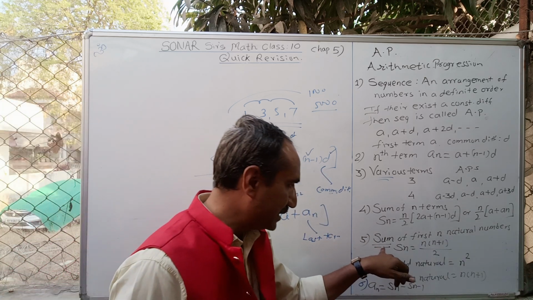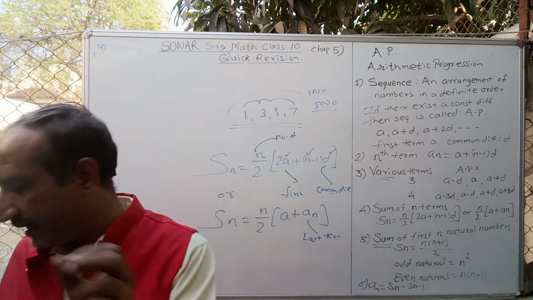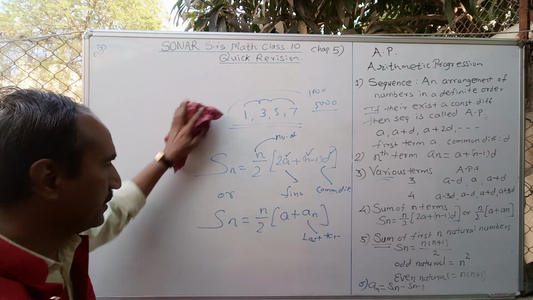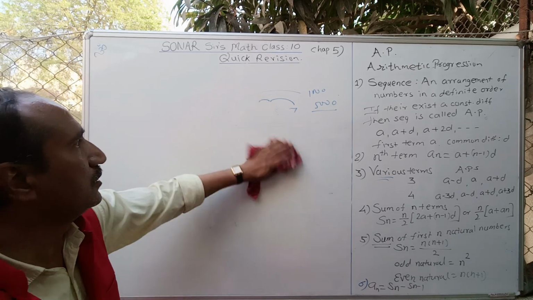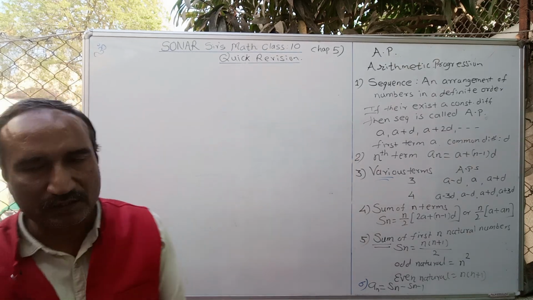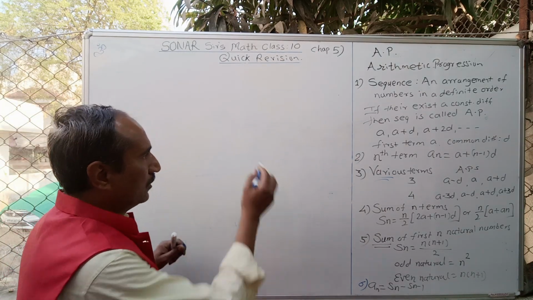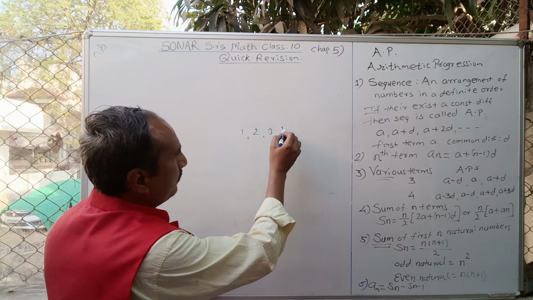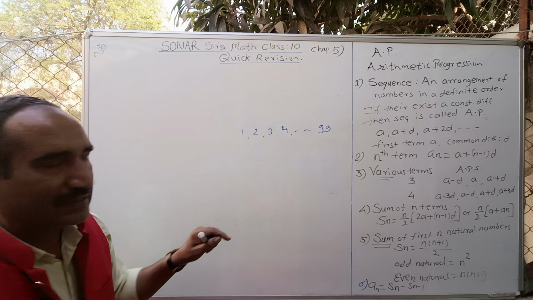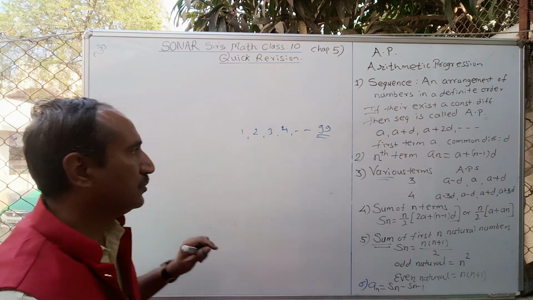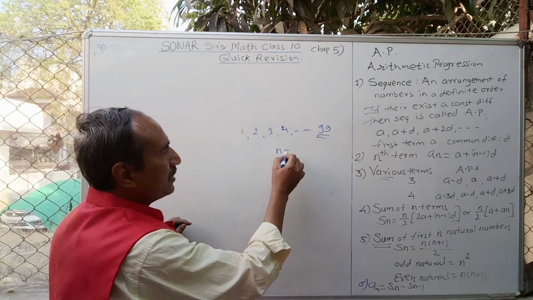Now let's discuss the sum of the n natural numbers. There is a direct formula for finding the sum of the natural numbers. If 1, 2, 3, 4, up to 99 terms are there, and the last term is 99, then we know that the total number of terms is 99.